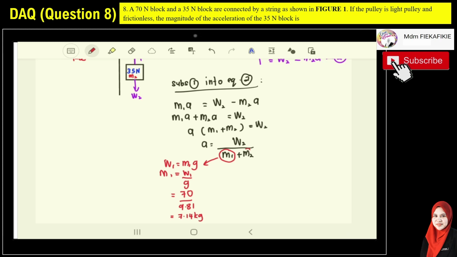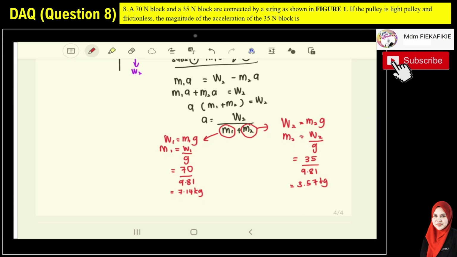While for M2, W2 is equal to m2g, so m2 is equal to W2 over g, where W2 is 35 Newton over 9.81, and mass 2 is equal to 3.57 kg. So let's solve for the acceleration.